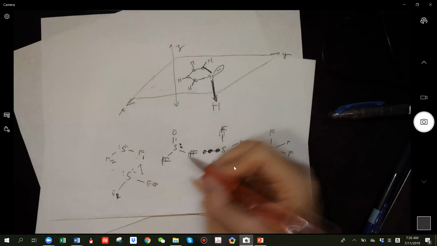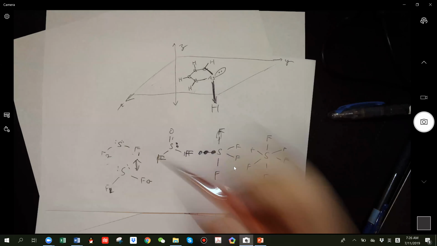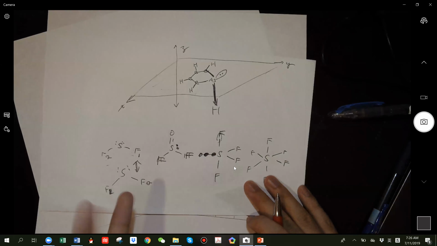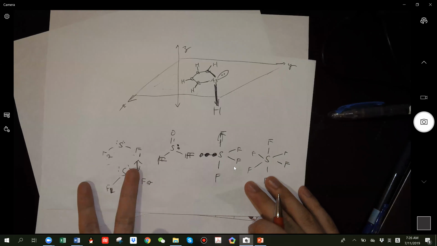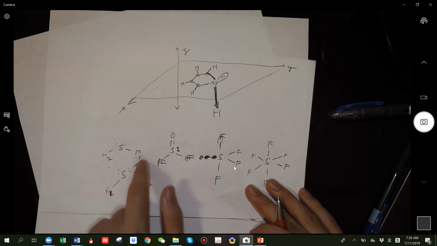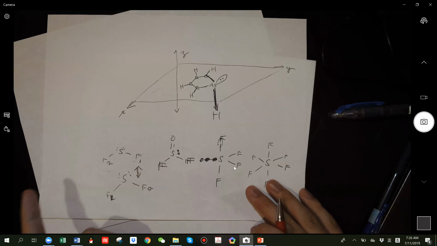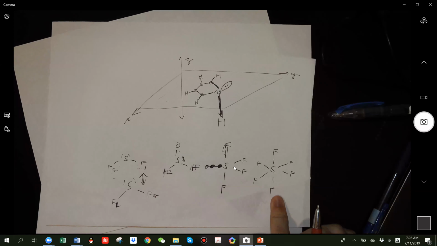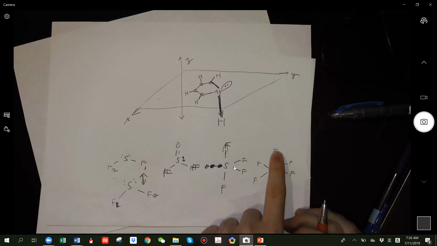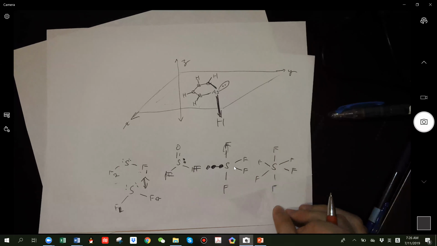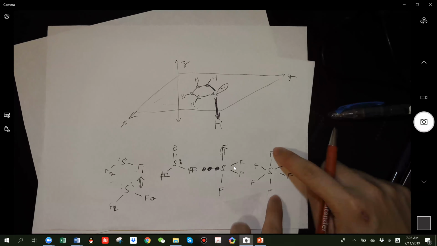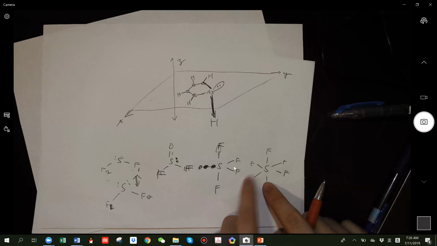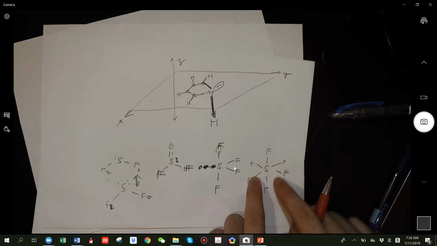These are the same because I can always just rotate the molecule. So these two positions are the same. And the same goes for this one. And for this one, you can imagine that these are all the points of an octahedron. So these are also all equivalent, so these bond lengths will all be equivalent.